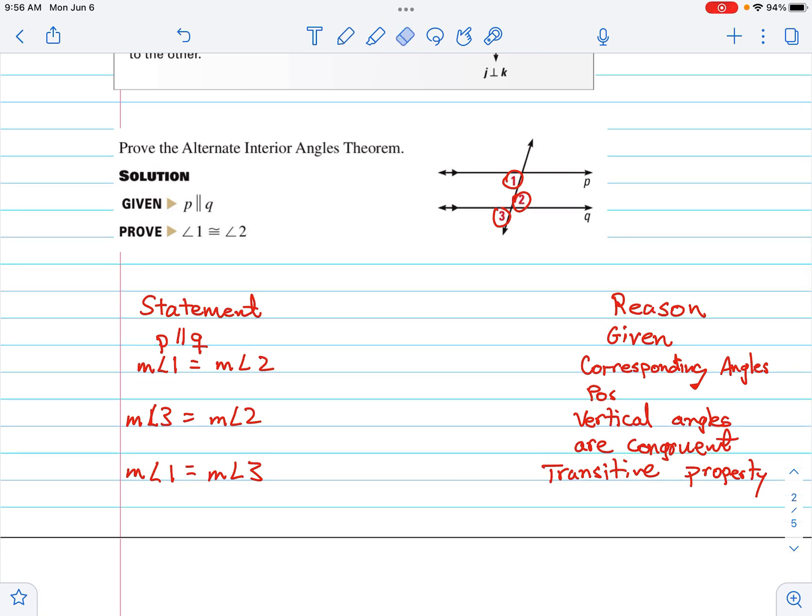This is 2 here. Yeah, 1 is congruent to 2, 3 is congruent to 2. Therefore, 1 is congruent to 3, and that's what we wanted to show. I wrote down the wrong thing, but anyway, I hope that was understandable.